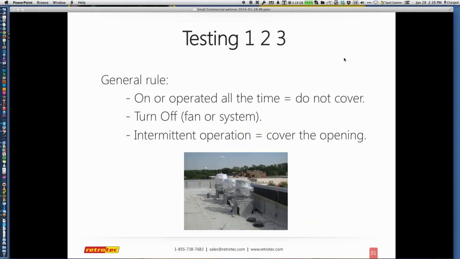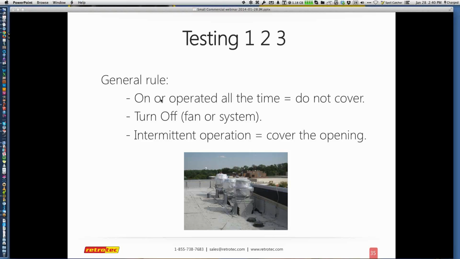A lot of people are looking for some general rules of thumb because these sometimes do not actually come out to be straightforward structures. So if it's on or operated all the time, like in a kitchen environment where they have a ventilation fan that's almost running all the time and not something that really turns off at all, then you do not cover it, and you leave it open.